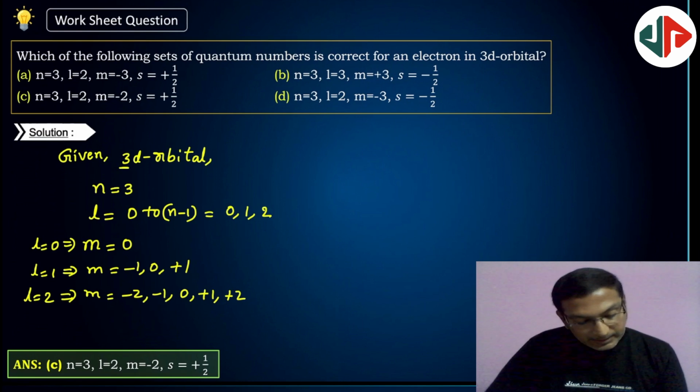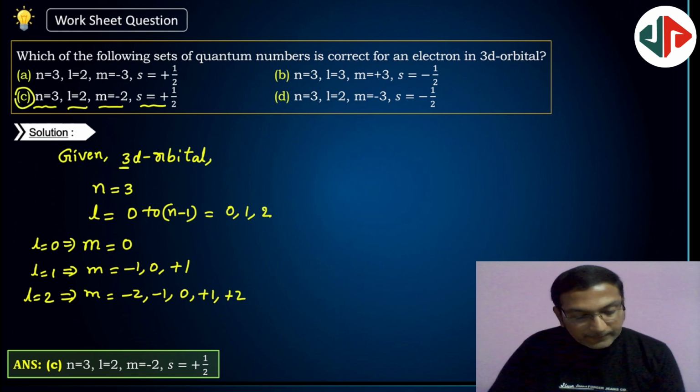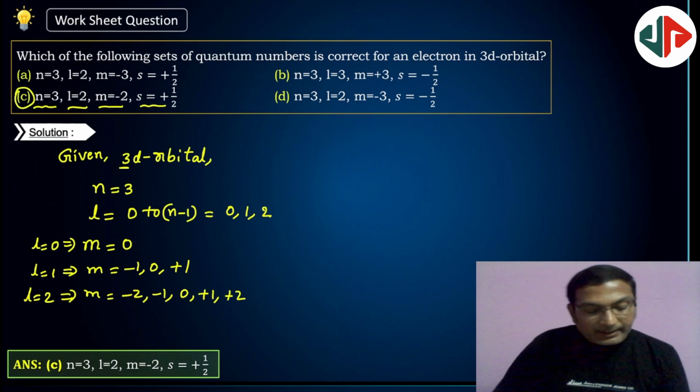See here option C. n equal to 3 possible. l equal to 2 possible. m is minus 2 possible and s spin quantum plus half possible. Check in option A. n is 3 possible. l equal to 2 possible. m equal to minus 3 not possible.